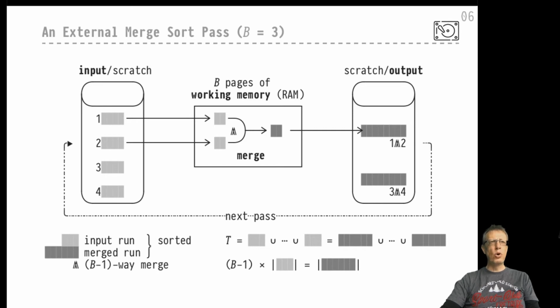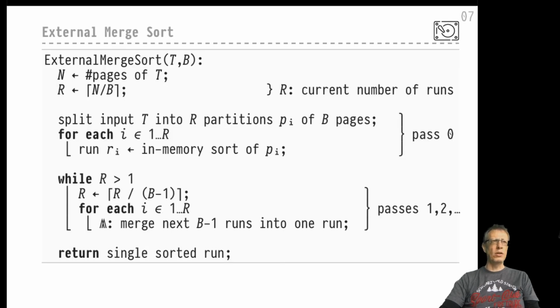A pseudocode sketch of this entire algorithm is found on the next slide. It will operate on heap file T, and the availability of buffer pages, of working memory pages, is just B. B was 3 on the previous slide, but hopefully B is larger.